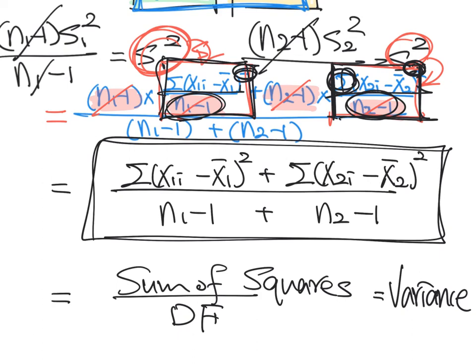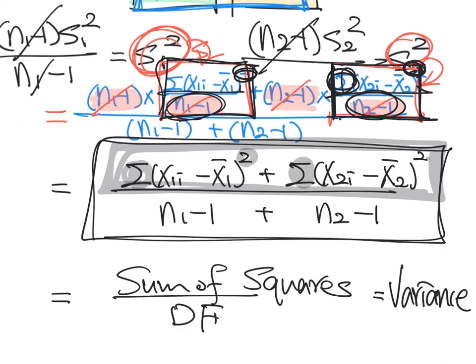So now here, sum of all together, I mean the sum of all squares, sum of squares from sample number 1 and sum of squares from sample number 2, and then take the sum again. It's not only the sum of squares, we take the sum of the degrees of freedom. It's the sum of the two degrees of freedom.